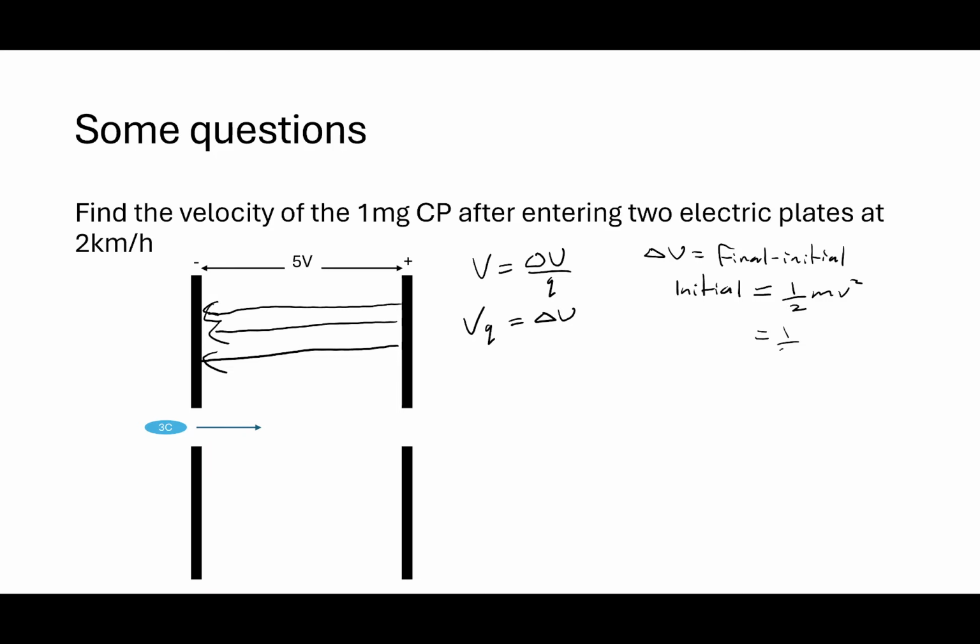Half, mass is 1 milligram, which is 1 times 10 to the negative 3, times v squared, with 2 divided by 3.6 because of the conversion from kilometers per hour to meters per second. Oh hey Flatus, nice of you to finally hear me. Just do it in the calculator.